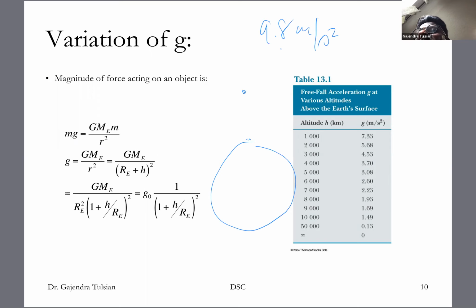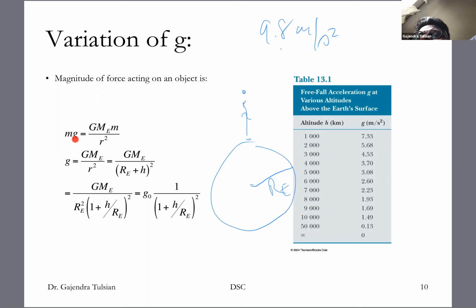If you go high enough up, and when I say high enough up, this height has to be comparable to the radius of the Earth. The radius of the Earth, remember, was 4,000 miles. So let's say if you find yourself 4,000 miles up above the surface of the Earth, now g will start being different. And what this formula shows you is how g will be different.